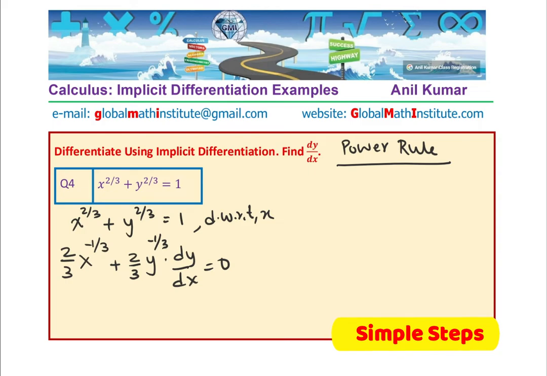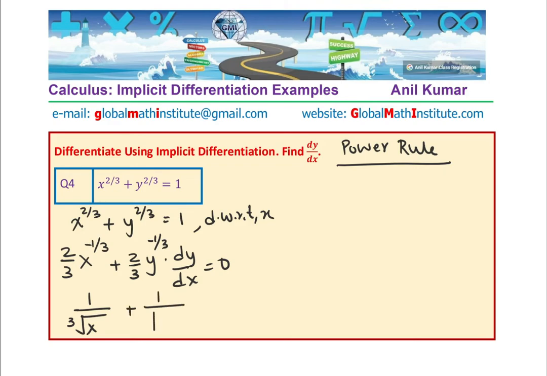So we could write this as 1 over cube root of x, plus 1 over cube root of y dy/dx equals 0, correct? What I did was cancel this by dividing both sides, because here it is 0, right? Okay, now we can rewrite what dy/dx is.